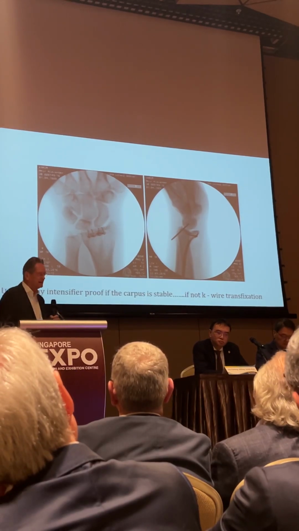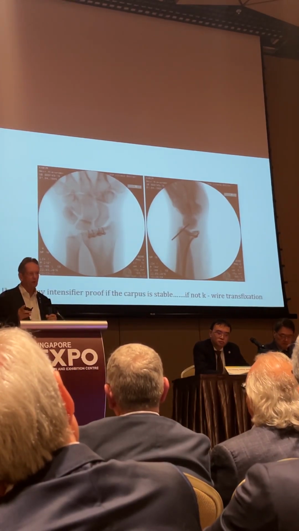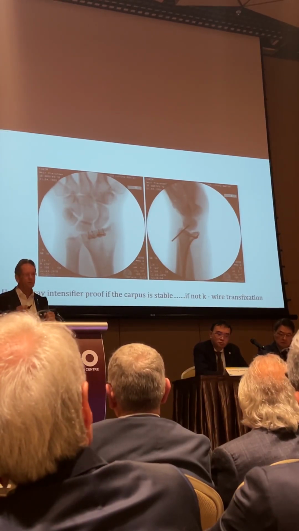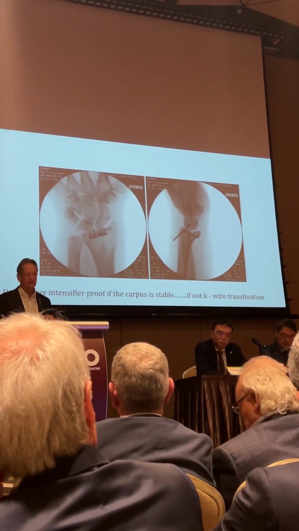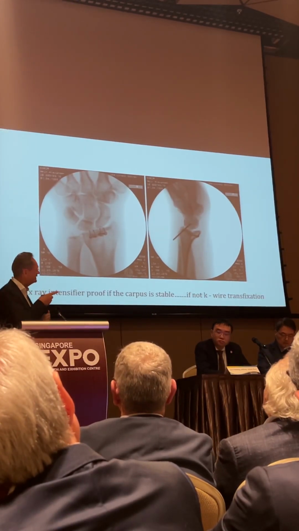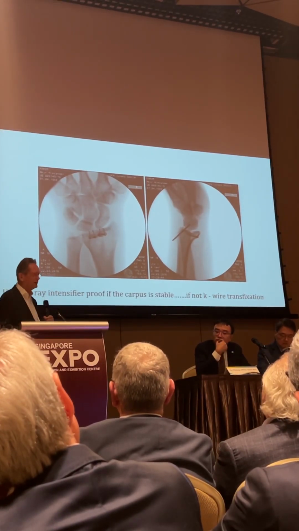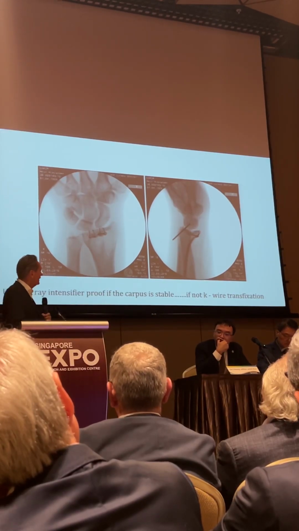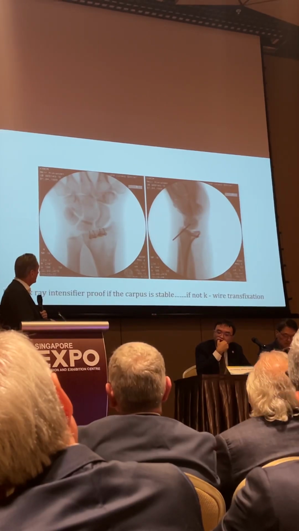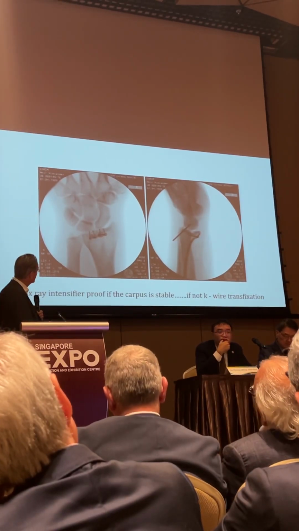Under the X-ray intensifier, if you have repaired with a plate or with a hook plate, you always have to prove the volar translation. And if you still have a volar translation, if you have fixed it, we do a K-wire for 6 weeks in the cast to stabilize the carpus in its position.